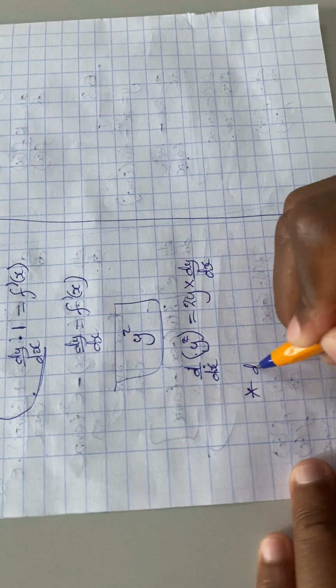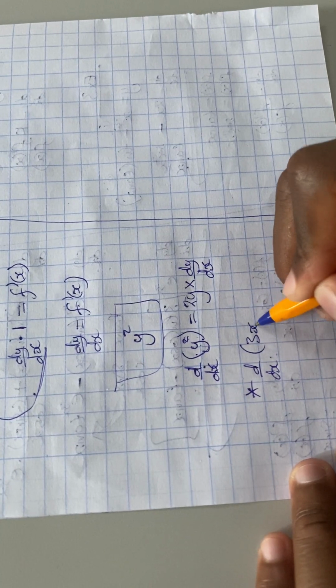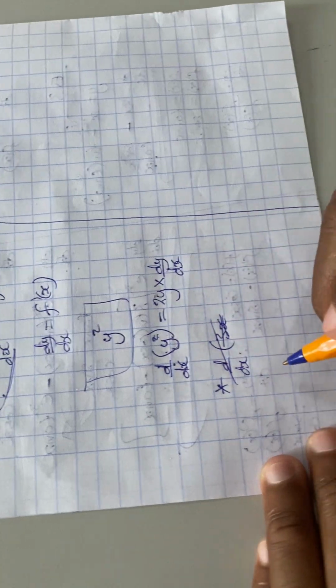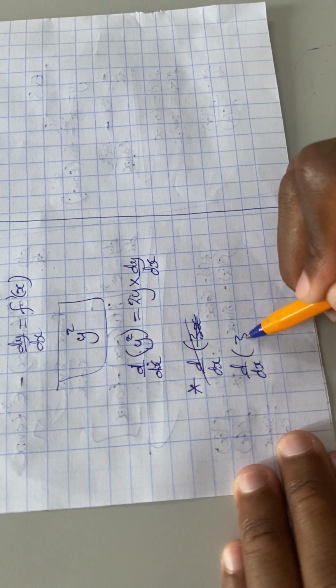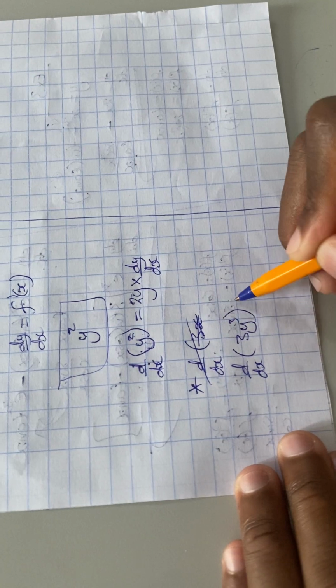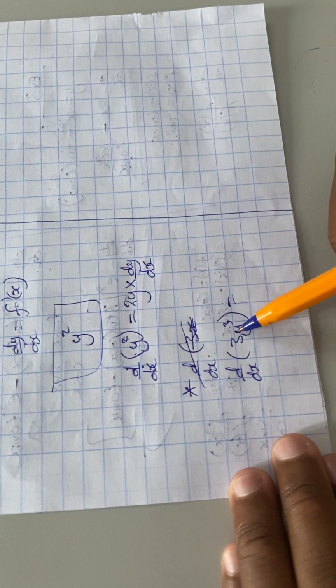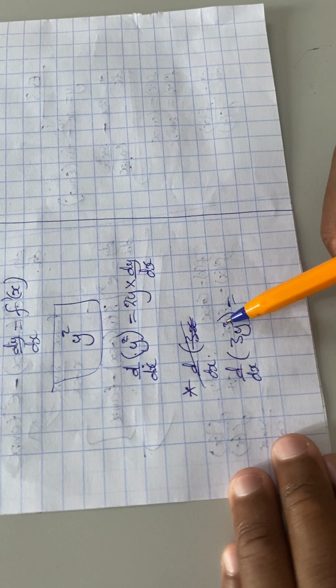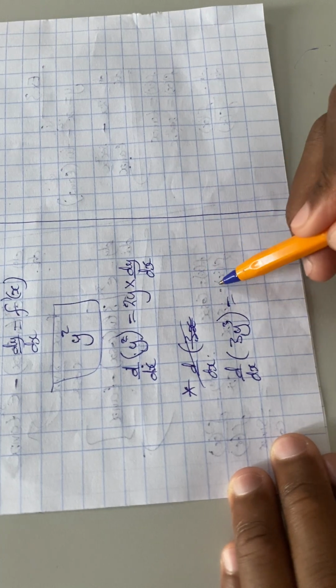If you are finding d/dx of 3y cubed, this one is going to be the power of y, which is 3, times the constant 3, which is 9.